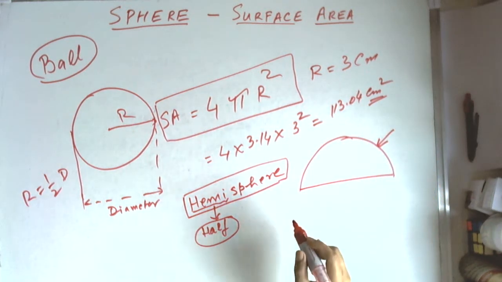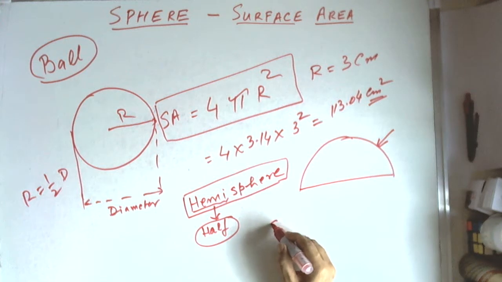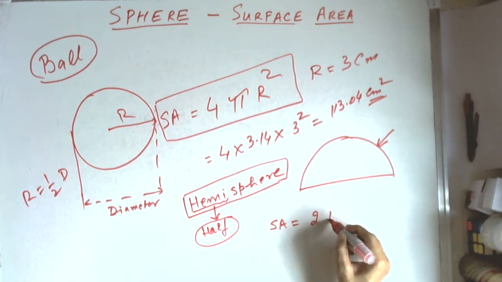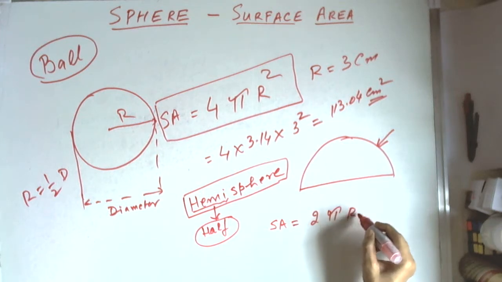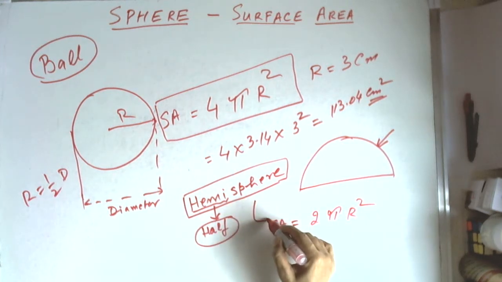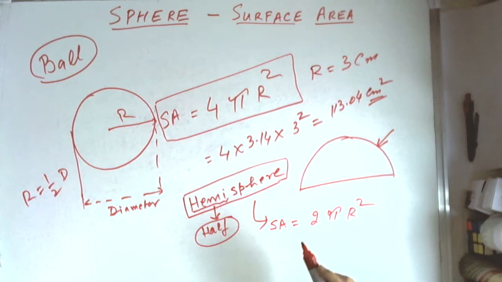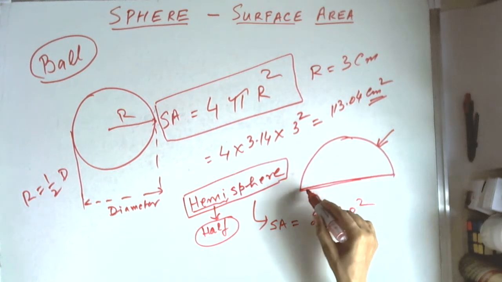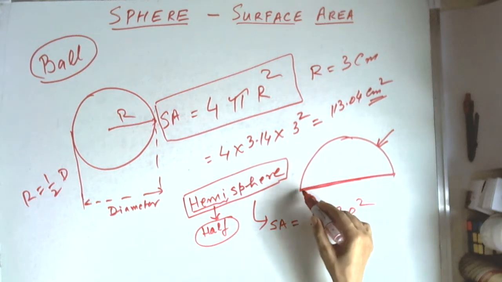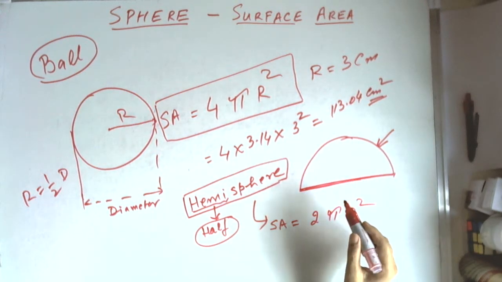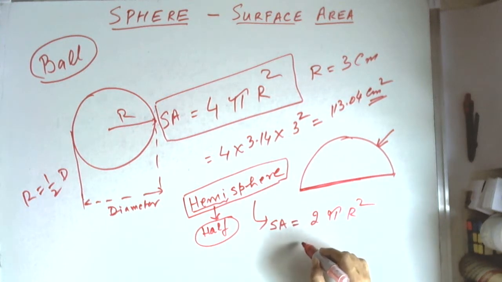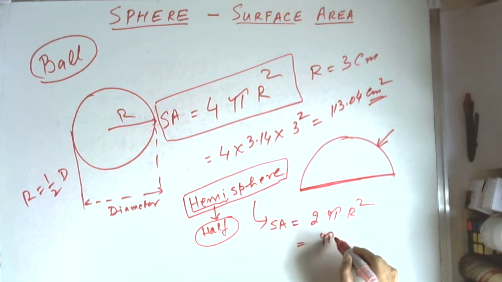And as it is half, this is the curved surface. The curved surface area of a hemisphere will be equal to half of the full sphere. So instead of 4 pi r square, it will be 2 pi r square. This is for the hemisphere surface area. And if the hemisphere is closed, there is a lid here, then this will be a circle, and the area of the circle will be pi r square.